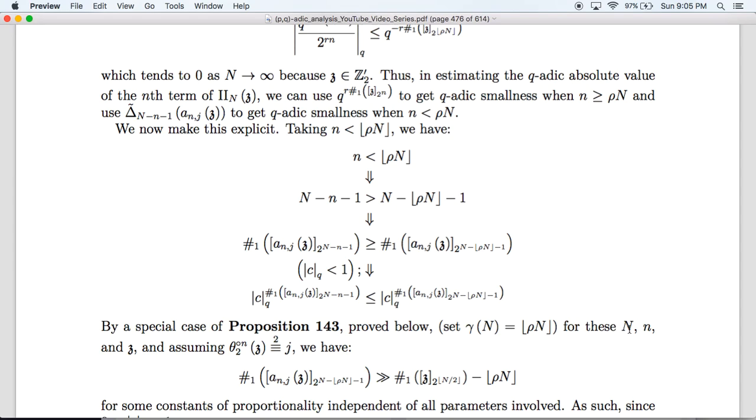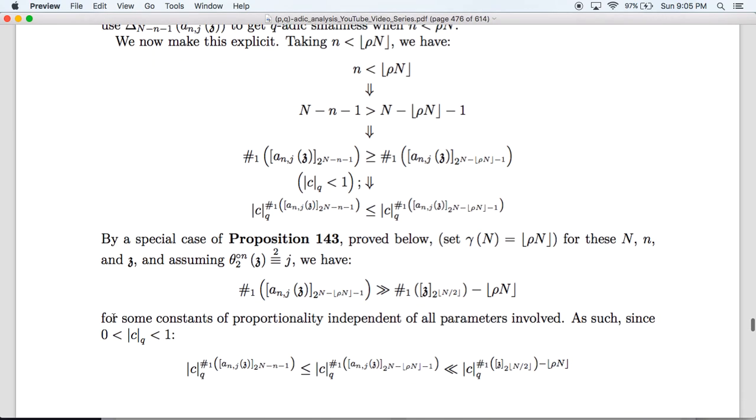And then for big N, for little n less than rho big N, for z in Z_2 prime, and assuming that this congruence holds, by proposition 143, this number is proportionally larger than the number of ones in z mod 2 to the floor of big N over 2 minus floor of rho big N. As such, since c's q-adic absolute value is strictly between 0 and 1, we have this term is less than or equal to this guy, and then this guy is bounded proportionally by this guy.